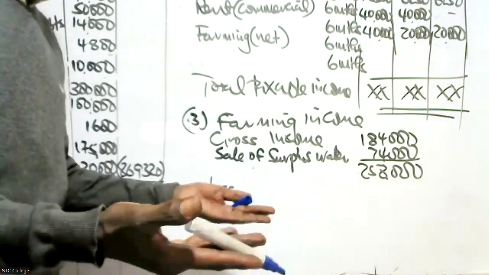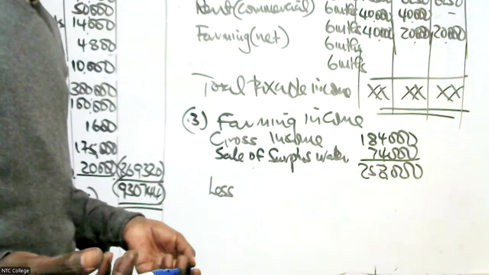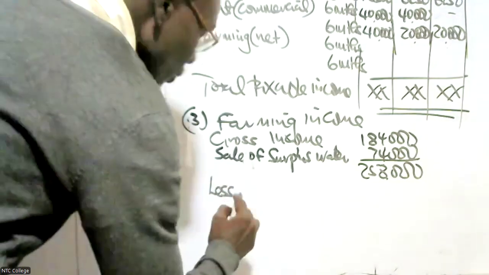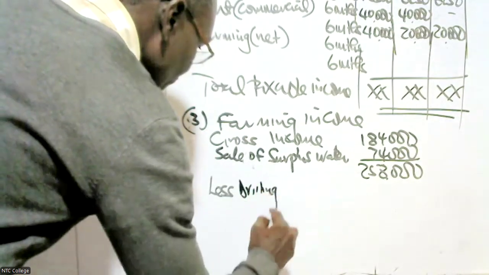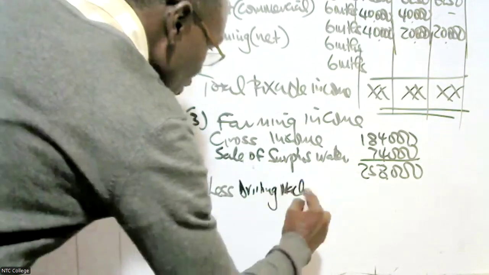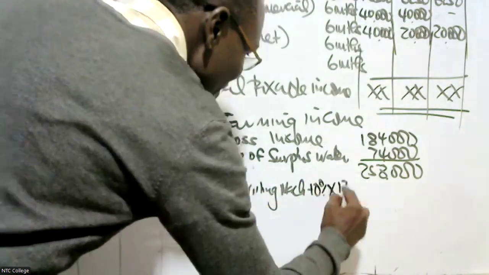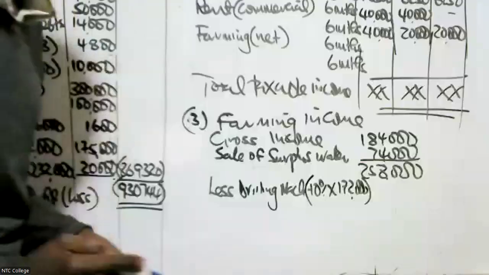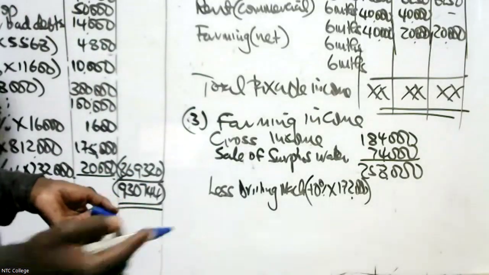The cost was 150,000 plus installation of 22,000. We'll get investment allowance on that. So drilling machinery: the rate of investment allowance would be 10% times 172,000. How am I getting 172,000? It is 150,000 plus 22,000 installation.